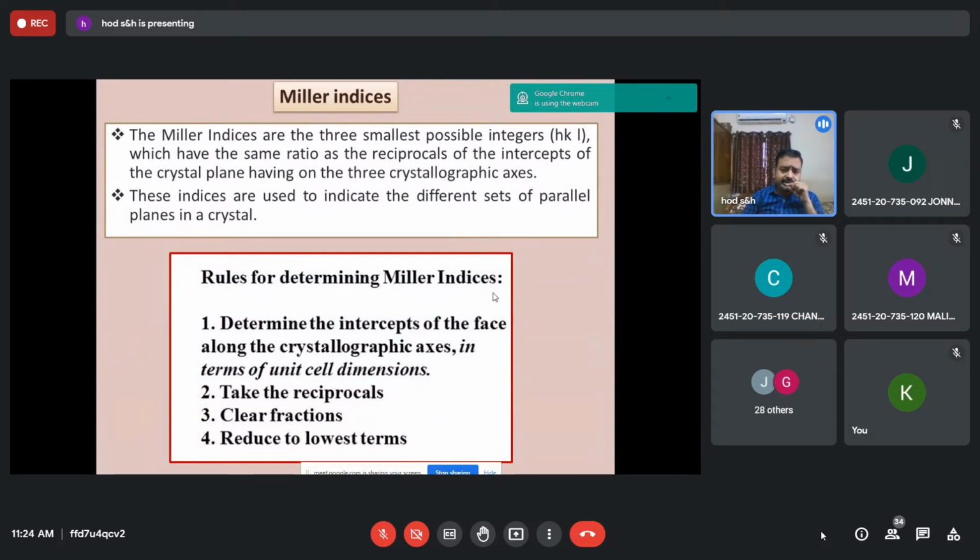You take the LCM and multiply each reciprocal with it. You will get 3 small numbers, lowest terms, which are called the Miller indices. So first identify the intercepts, then take the reciprocals, then clear the fractions by taking the LCM and reducing to lowest terms. These are the rules for finding Miller indices.